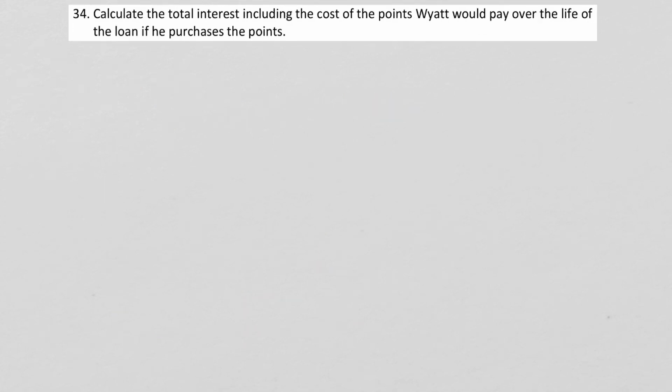Okay, calculate the total interest, including the cost of the points, that he would pay over the life of the loan if he purchased the points. Well, our loan payment was $2882.66 with all those decimals after it, times 12 months per year for 30 years, minus the amount that you borrowed. The amount that you borrowed was $618,750.